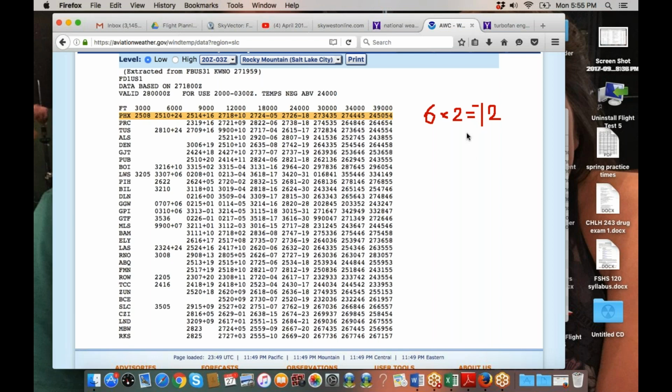So we're looking at 15 minus 12, because we're trying to find what ISA is. Because we go down 2 degrees with every 1,000 feet. If we're going all the way up to 6,000 feet, we're going to go down 12 degrees. So ISA is 3 degrees.